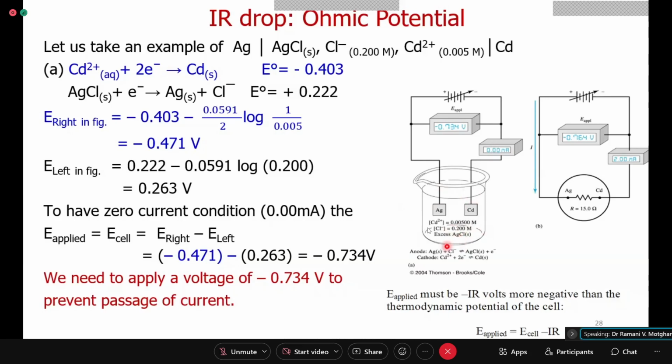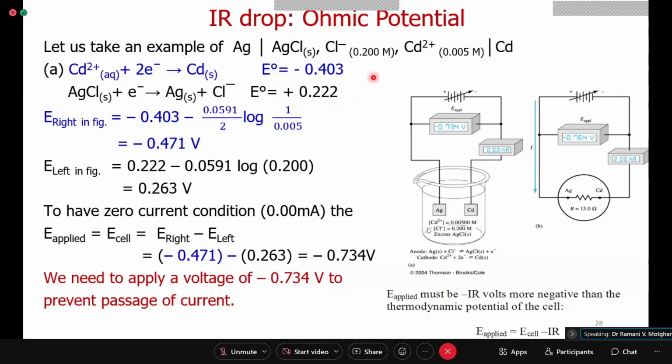So you have excess AgCl maintained here. In such a cell, it is expected that cadmium ion will undergo reduction at an E naught value of minus 0.403, and silver chloride with an electron gives silver, and E naught is plus 0.222 volts.